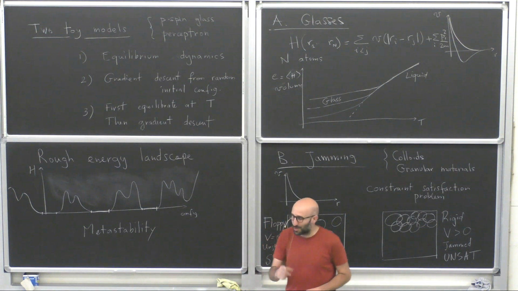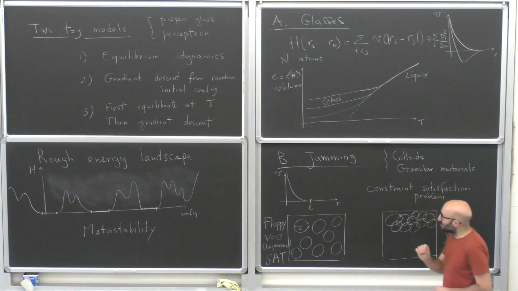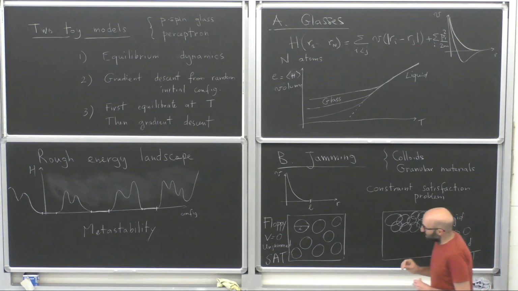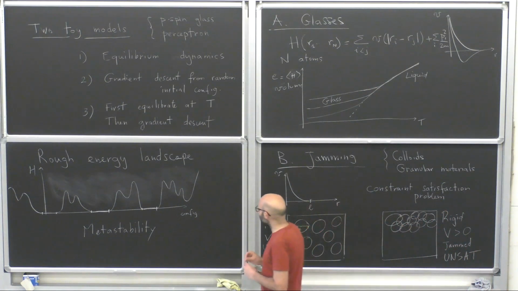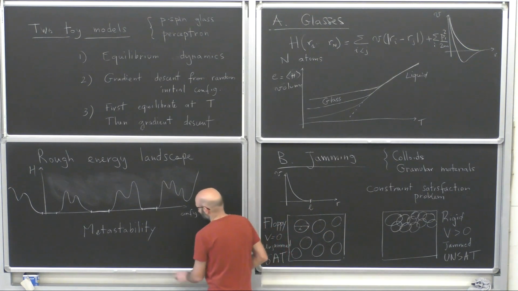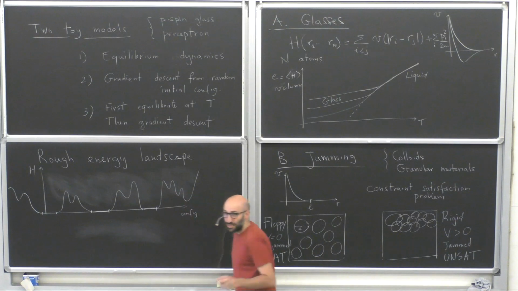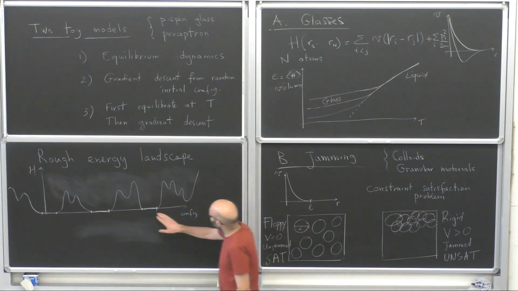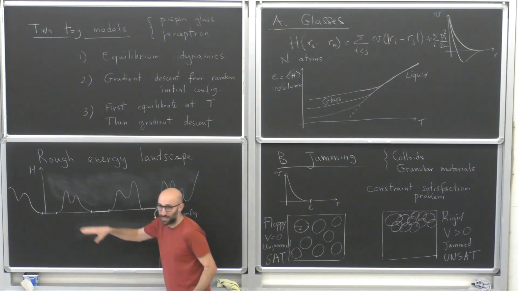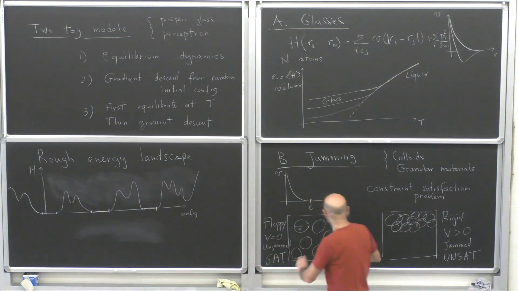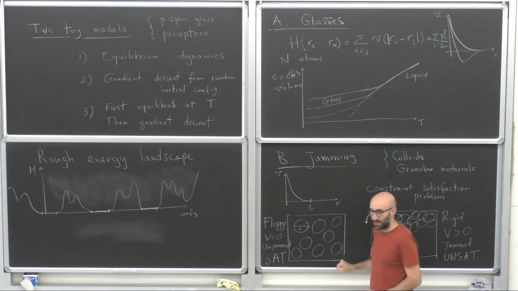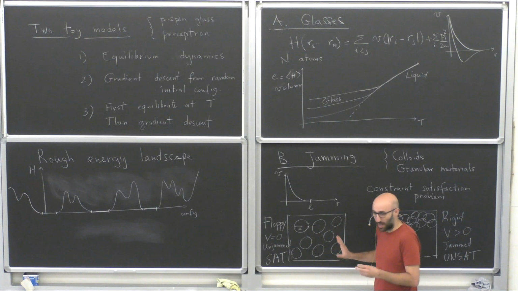Yes, exactly. So that was the next thing, right? There are two things that you can ask. The first thing is, is there a critical density such that there is no flat zero energy region anymore? So I cannot fit the particles in the box without overlaps.